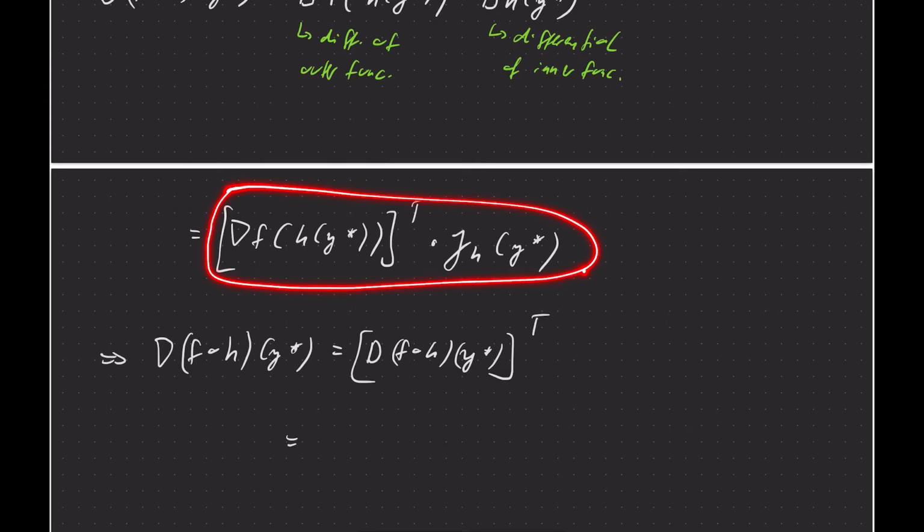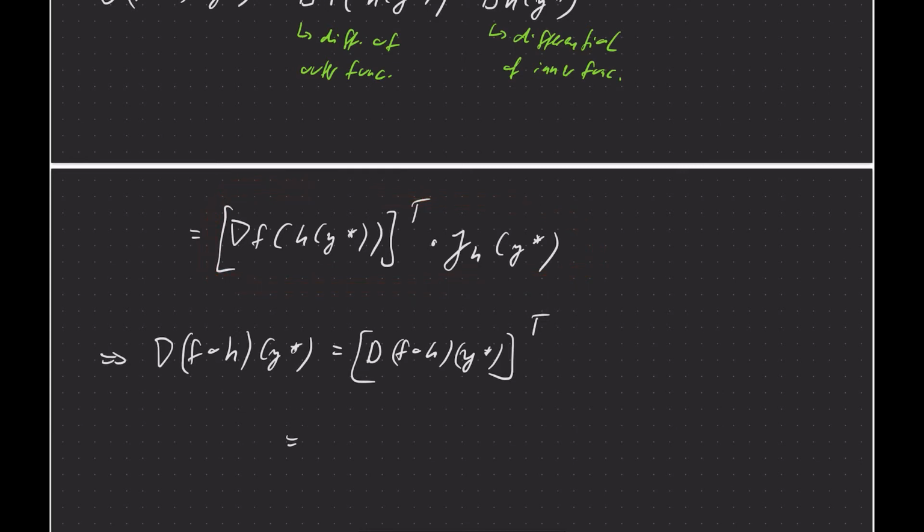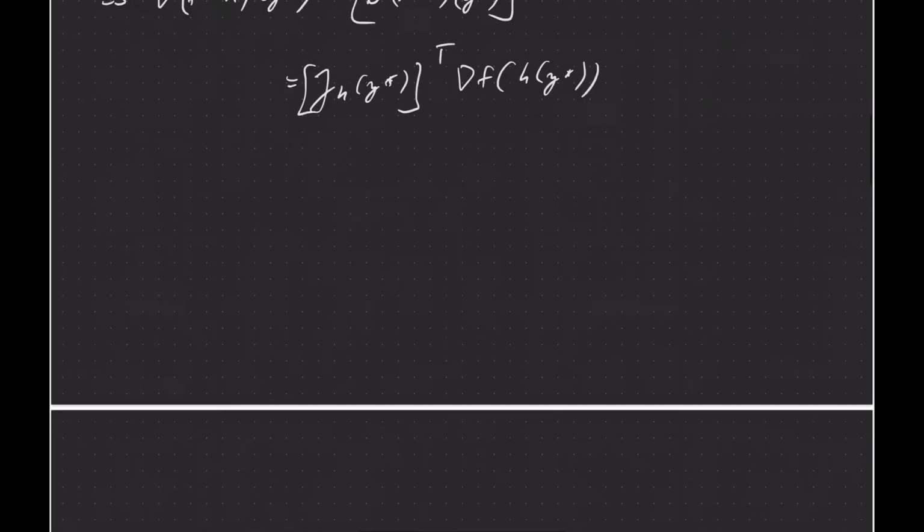And remember, transposing a matrix product means also that you have to reverse the order of the matrices. So what happens if you do that is you'll start with Jh at y star transposed, and then multiply with the gradient of f evaluated at h of y star. Okay, that probably looks more complicated than it actually is. So let's see two examples.